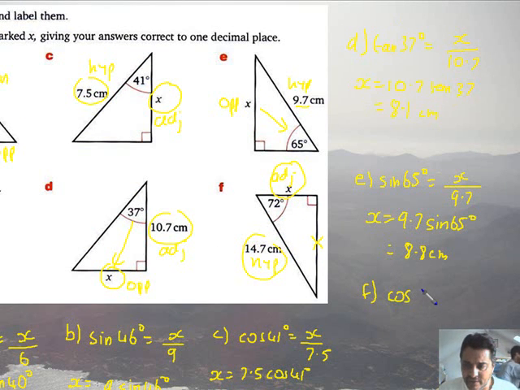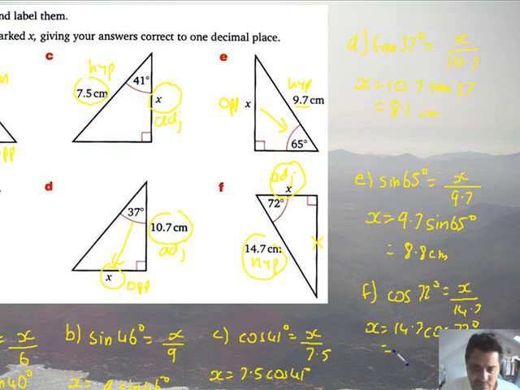So the cosine of the angle 72 is defined as the adjacent length, which we don't know yet, so it's x, over the hypotenuse length, biggest, which is given to us as 14.7. And to get x on its own, take the 14.7 over and multiply. So x equals 14.7 centimeters multiplied by the cosine of angle 72 degrees.